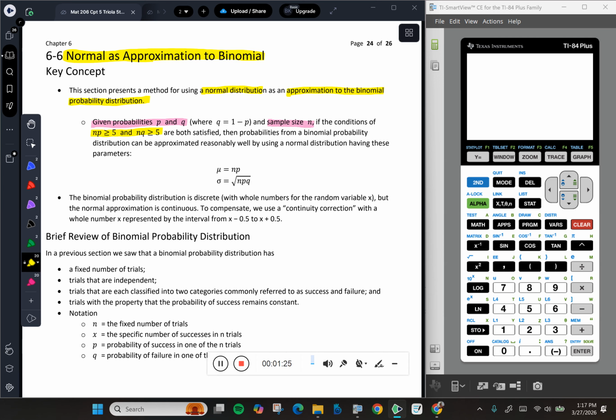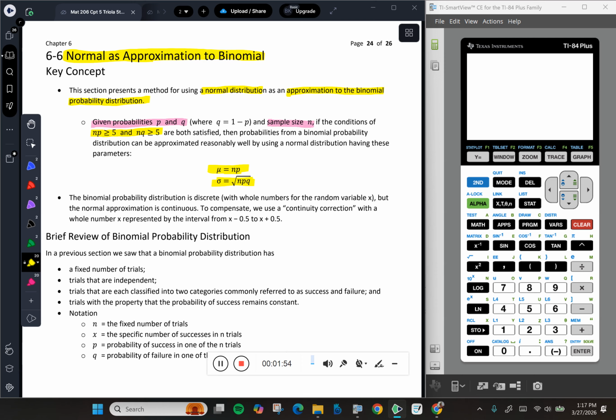That is, the sample size times the probability of success, n times p, and the sample size times the probability of failure are both bigger than 5, then you can use a normal distribution to approximate binomials with the parameters that the mean of the normal distribution is n times p, and the standard deviation of the normal distribution is the square root of n times p times q.